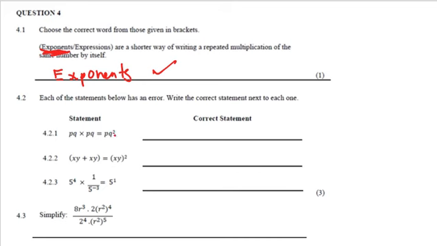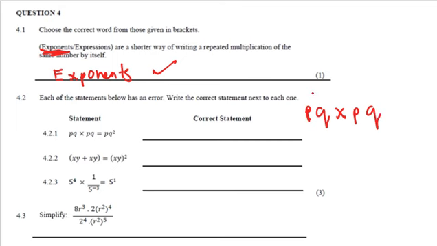Here we are given PQ times PQ, and they ask us if this is correct. Before we say it's correct or not, let's check it. PQ times PQ. What did we say? We only multiply those who have the same bases and add their exponents. So this is 1, this is 1, this is 1.